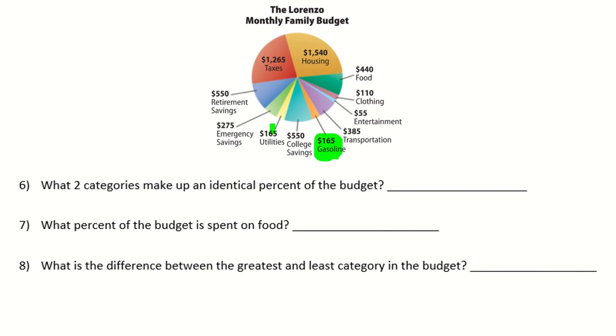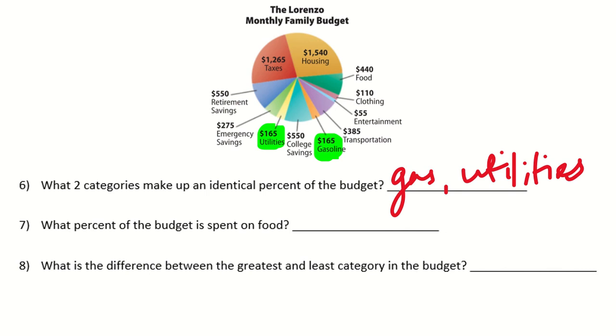That is gasoline and utilities. Two separate categories, but the exact same amount, so obviously their percents must be the same. Utilities, if you don't know, is like electricity and water, those things.